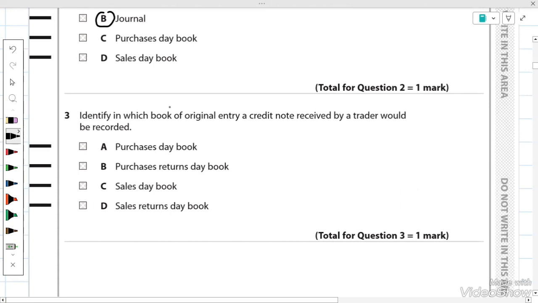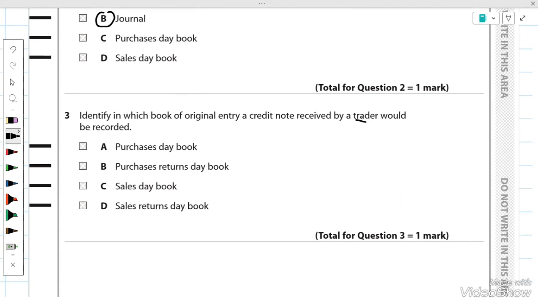Okay, the next question is to identify in which book of original entry a credit note received by a trader would be recorded. If you are receiving a credit note from your trader, it means that you are returning purchases, because he must be your supplier.